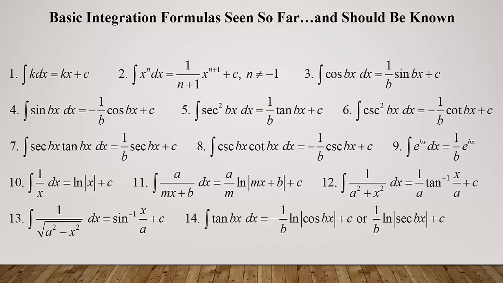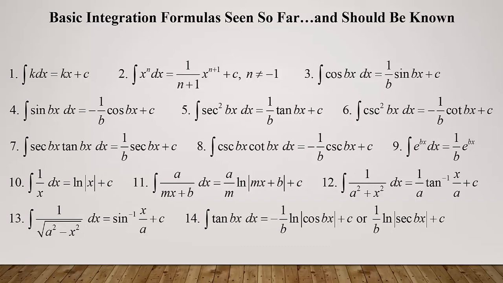Number two, that's the power rule. Three, being able to quickly integrate cosine bx and knowing that it's 1 over b sine bx. Four, same thing. Five, 7, 8, you should know all of these.